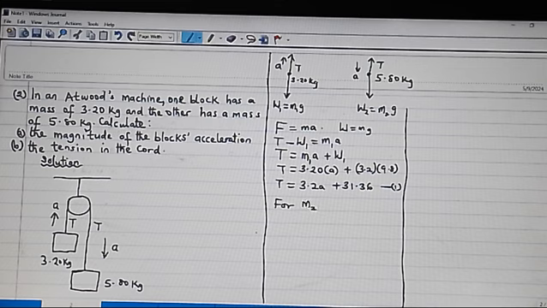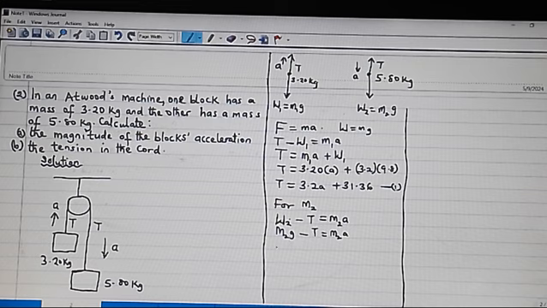That's the 5.80 kg. Our equation there will be W2 minus T is equal to M2A. Why are we saying W minus T? Because it is being pulled downward, so the weight is greater than the tension. What is W2? M2G minus T equal to M2A.